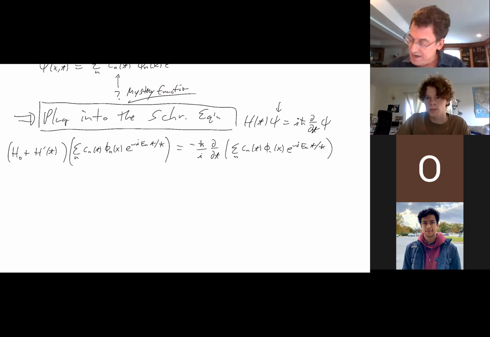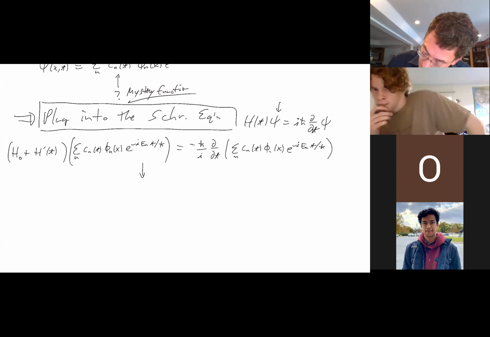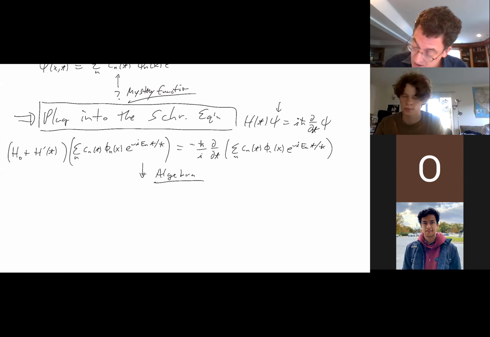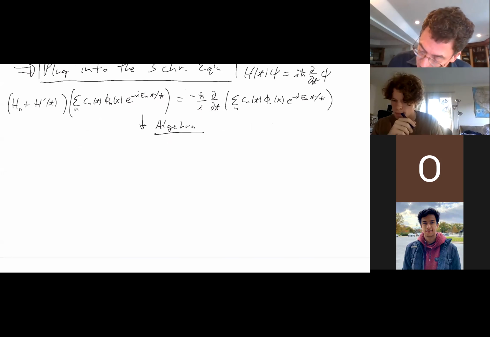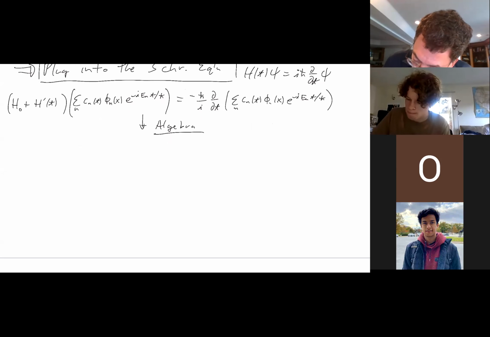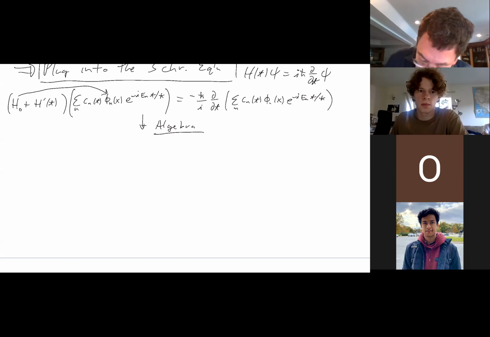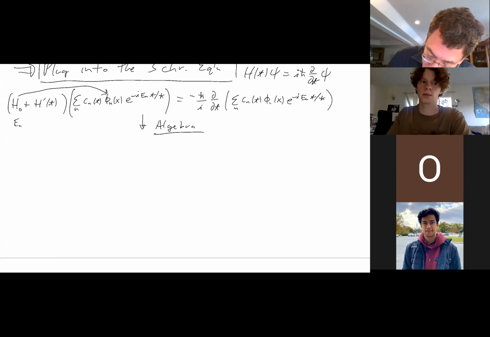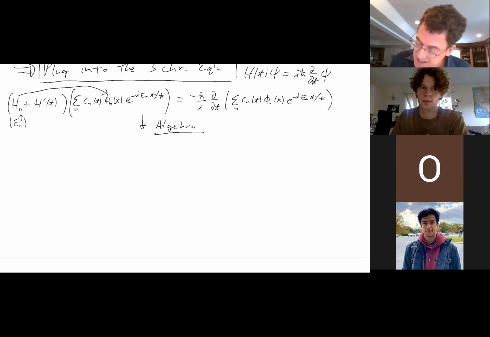And so now we just have to grind through some algebra. And when we grind through the algebra, the nice thing is that when this H naught hits this phi n, what does H naught turn into? E sub n. Exactly. That's exactly right.